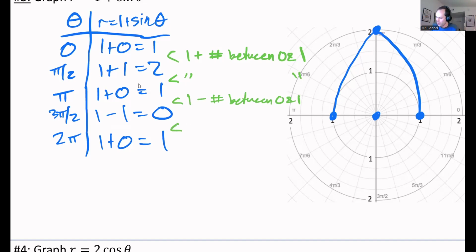Same thing here. 1 minus a number between 0 and 1. So our R is going to be a number between 0 and 1 here. And so we can fill in the bottom half of our graph. We get a little something like this. We call this a cardioid because it looks like an upside down heart. Fantastic.